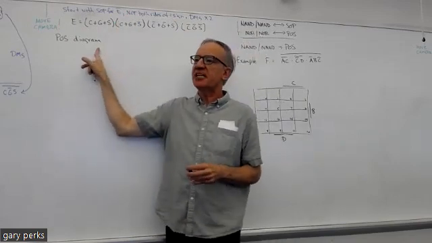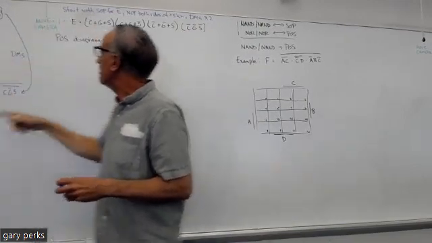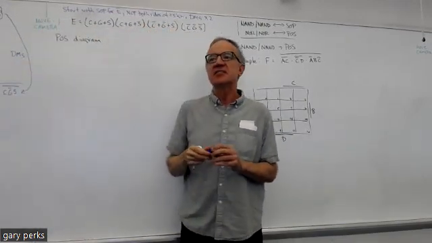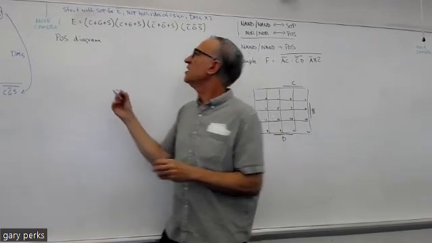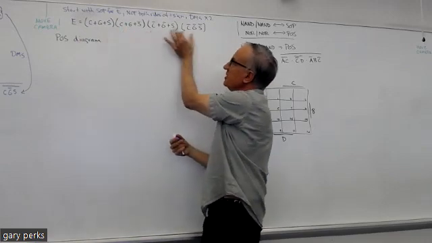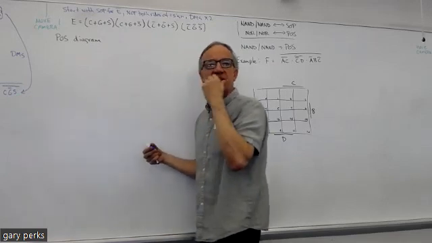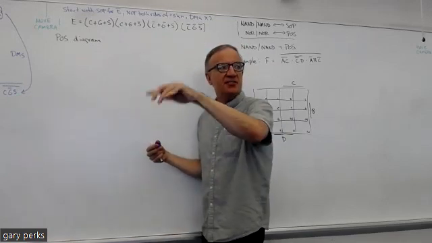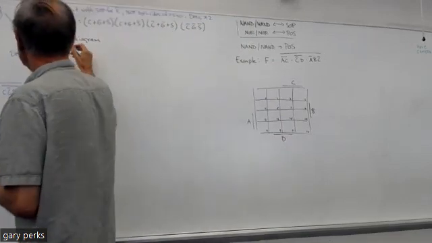What is a POS circuit diagram going to look like? This is what it looks like for SOP, but what does it look like for POS? Exactly. Because each term is ORed together, you're going to need an OR gate for each term, but then the terms are ANDed together, so the outputs of those OR gates all feed into a single AND gate. So it's just the opposite of SOP.